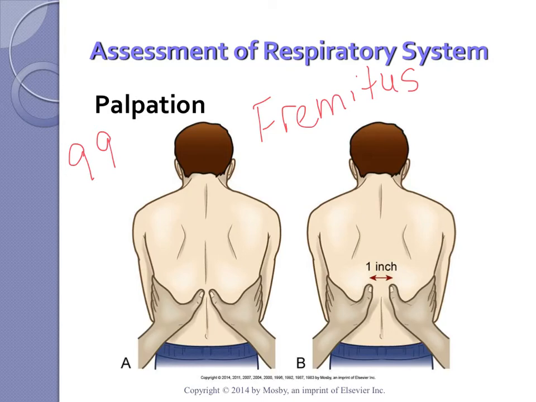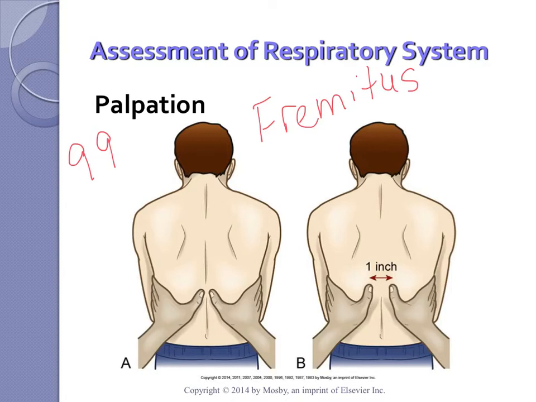And as they're repeating 99, you move your hand side to side and top to bottom of the chest. You're actually trying to assess if there's fluid in the lungs, if there's an absence of that echo or vibration when they say 99.